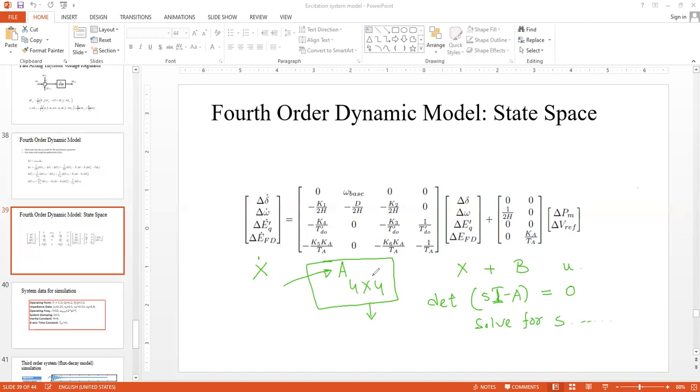Because here you have a fourth order system, you will get 4 roots, and those we call the eigenvalues.